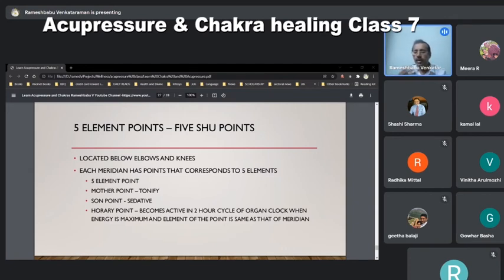The energy is given for that organ, so it has to do the work. But if you eat at that time, or if you eat very late, then that energy will be used to do certain other activities. So then this replenishment won't happen.